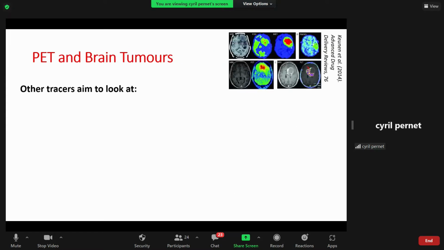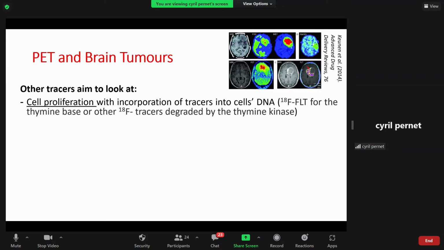And so other tracers have been developed, especially for brain tumors. Each time, the different types of tracers look for different types of activity of the cancer cells. So for instance, some will target cell proliferation. The idea is that we create more cells, so we want tracers that will go into the DNA, so every new cell would be marked.